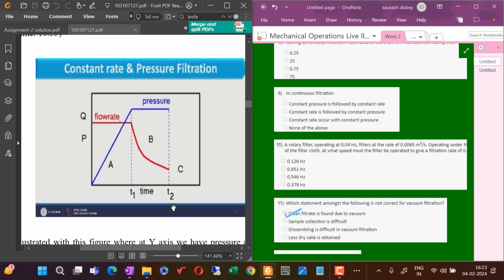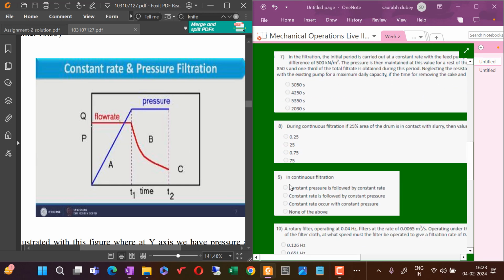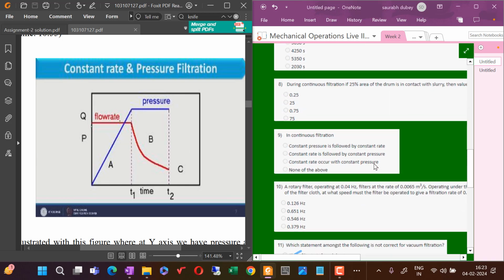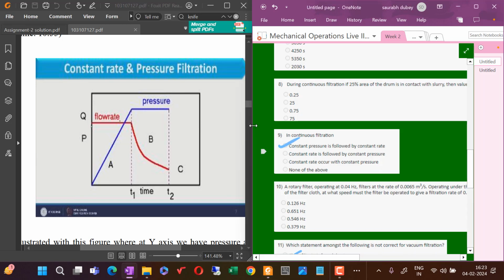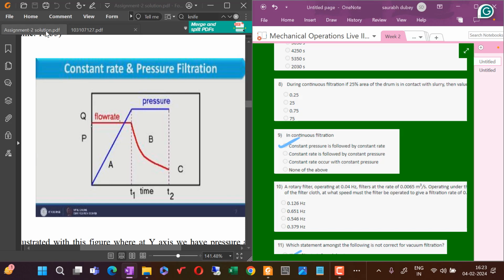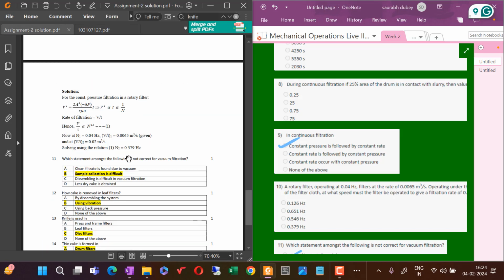That is the optimum operation. So in continuous filtration, constant rate is followed by constant pressure. The option A is the correct answer for question number 9.